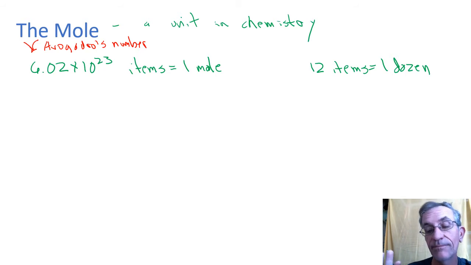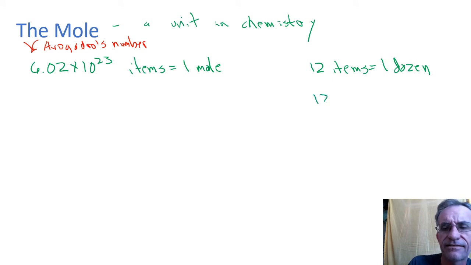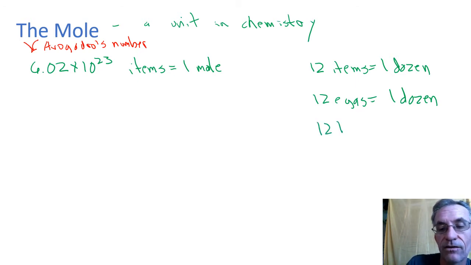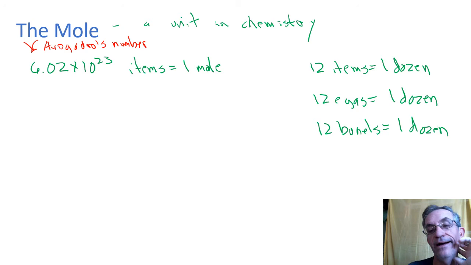Those items could be anything, right? When we deal with dozens, where do you hear dozens? Well, 12 eggs is a dozen. So your items might be eggs. Or maybe on another day you talk about bagels. 12 bagels is a dozen. 12 of anything is a dozen. 12, I don't know, 12 girlfriends?